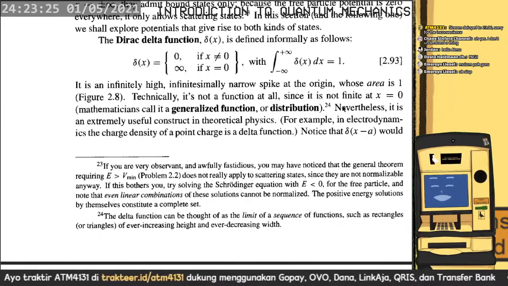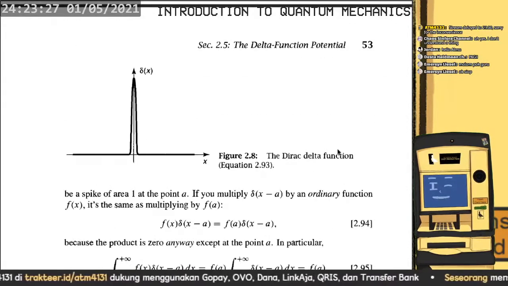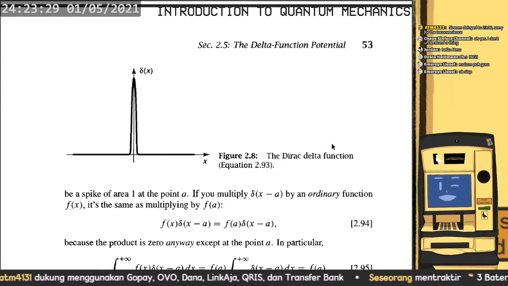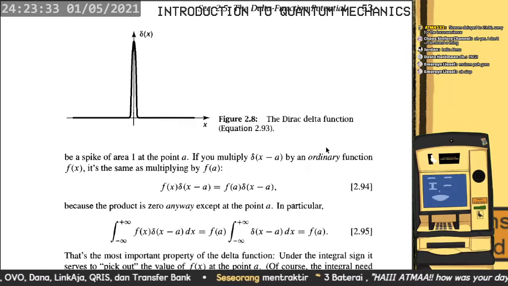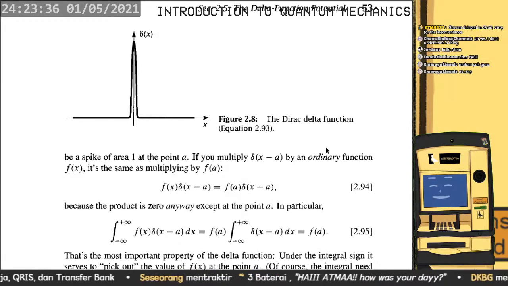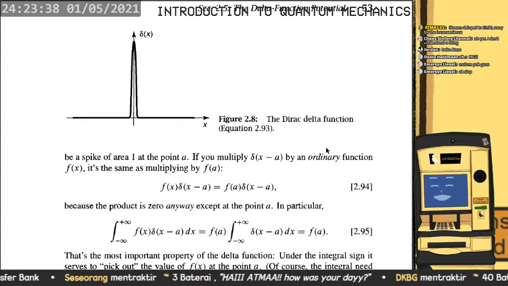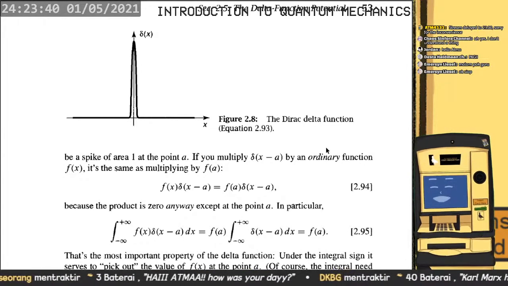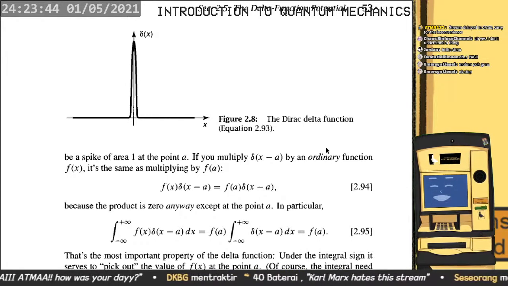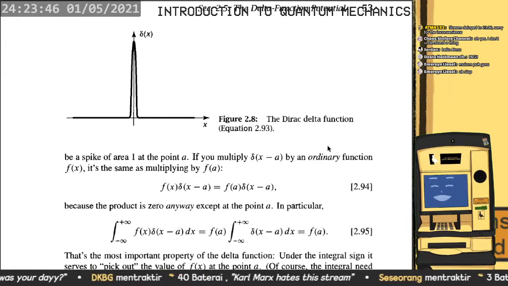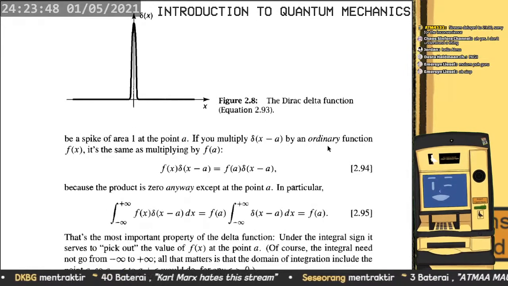Notice that delta of x minus a will be a spike of area 1 at the point a. If you multiply delta of x minus a by an ordinary function f of x, it is the same as multiplying it by f of a. Okay, f of x times delta of x minus a equals f of a times delta of x minus a, because the product is 0 anyway except at the point a.